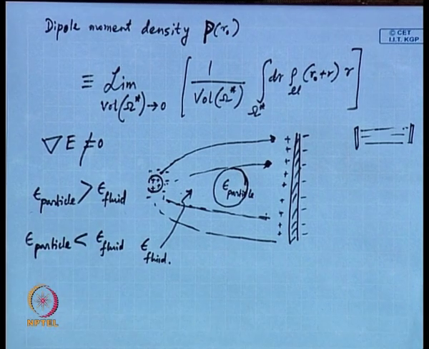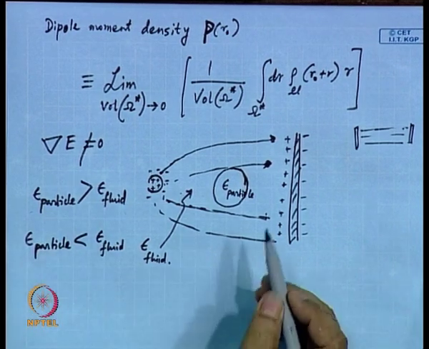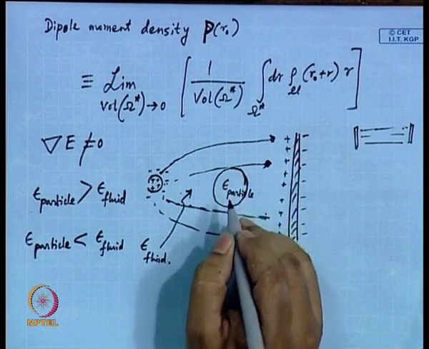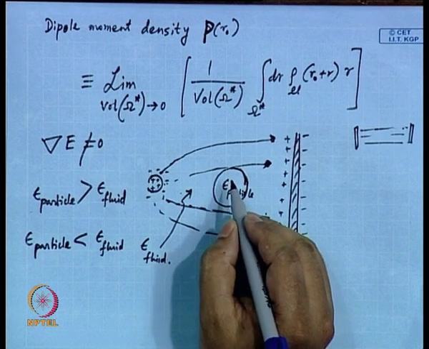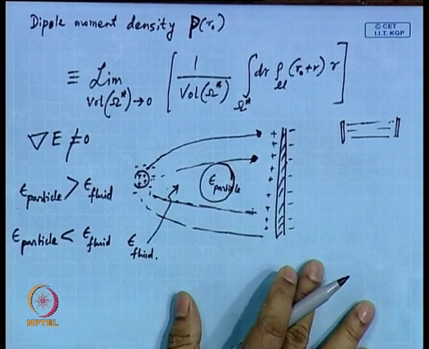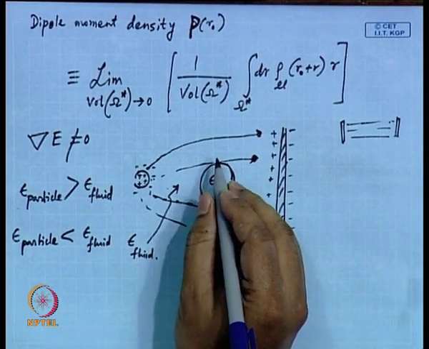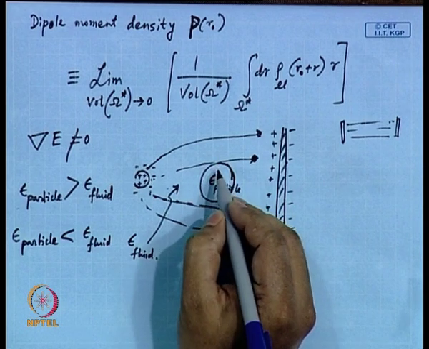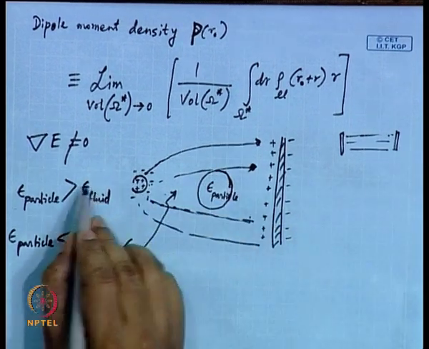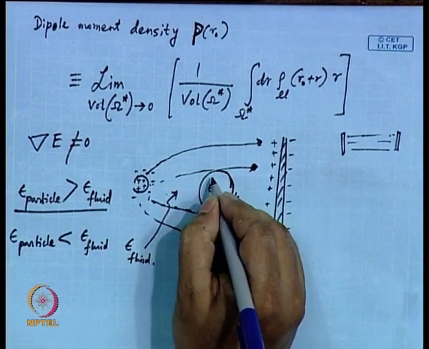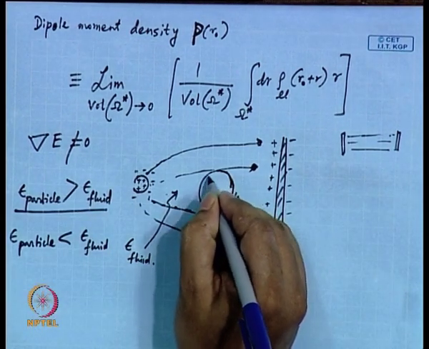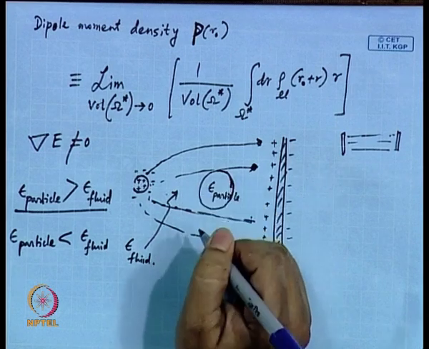All right. Now, if epsilon particle is more, in that case you can expect more polarization charges at the surface. If under this condition epsilon particle is greater than epsilon fluid, there would be more polarization charges on the particle. What does that mean?